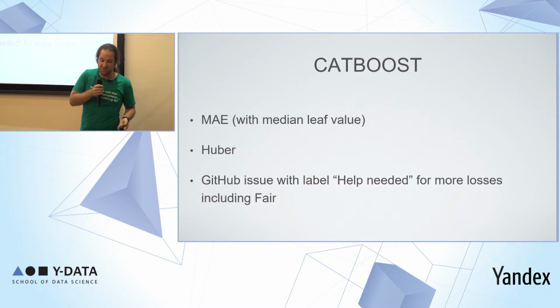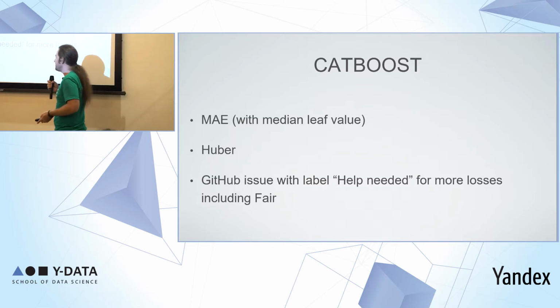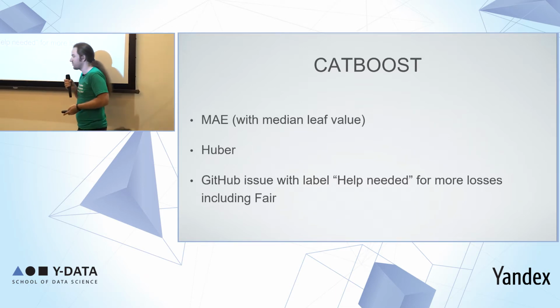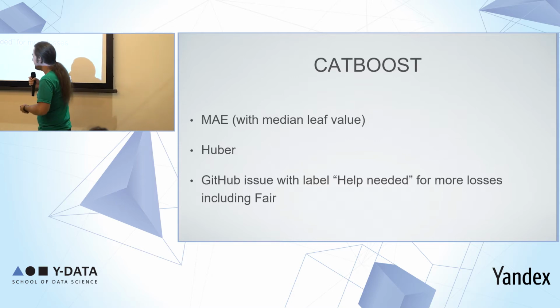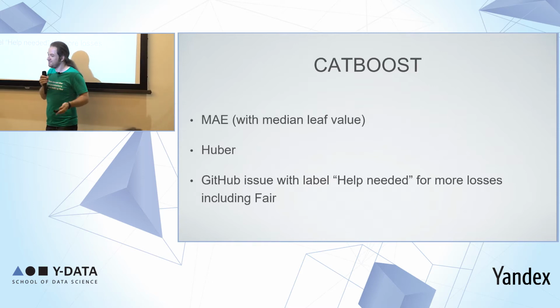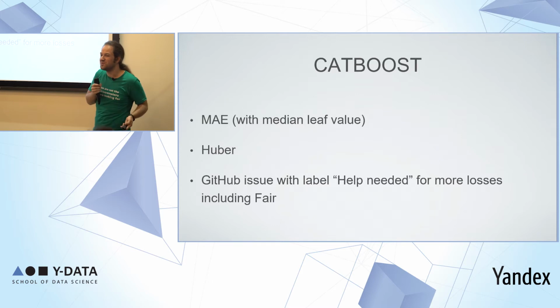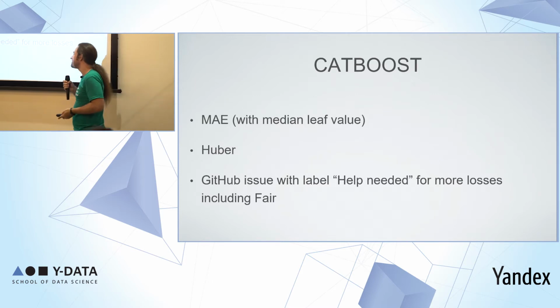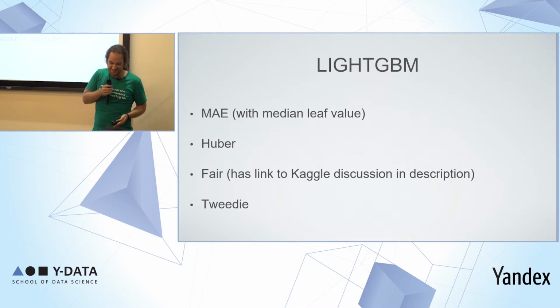It also has Huber loss. And there is a GitHub issue for people who want to help, as there is a need for more losses. If you want, you can contribute something to CatBoost.